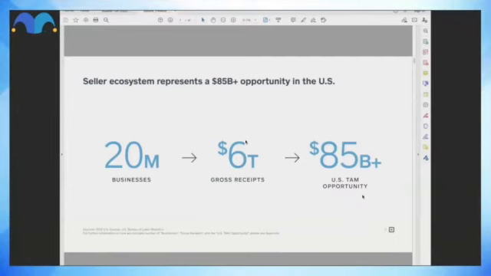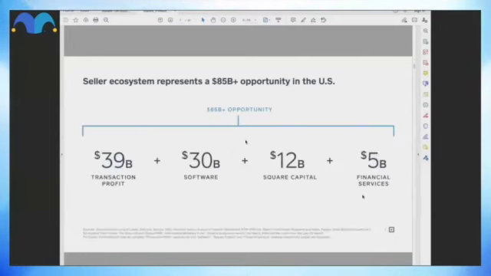This is if every single business in the U.S. used Square for everything, this is the market opportunity. The company will never get here, and if they get to 10 or 15%, that would be fantastic.